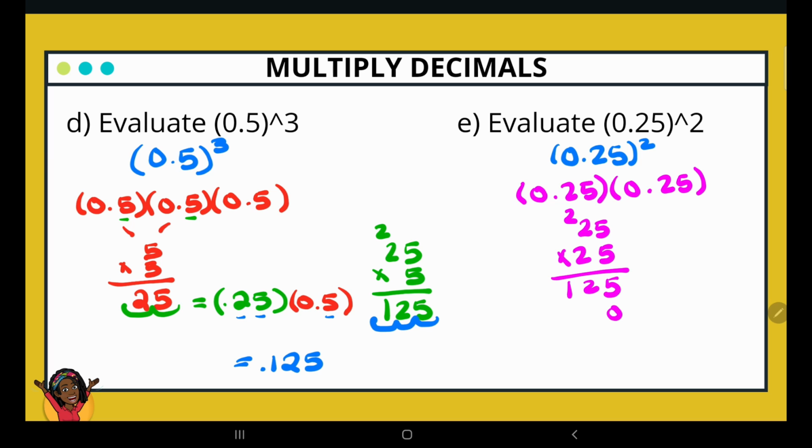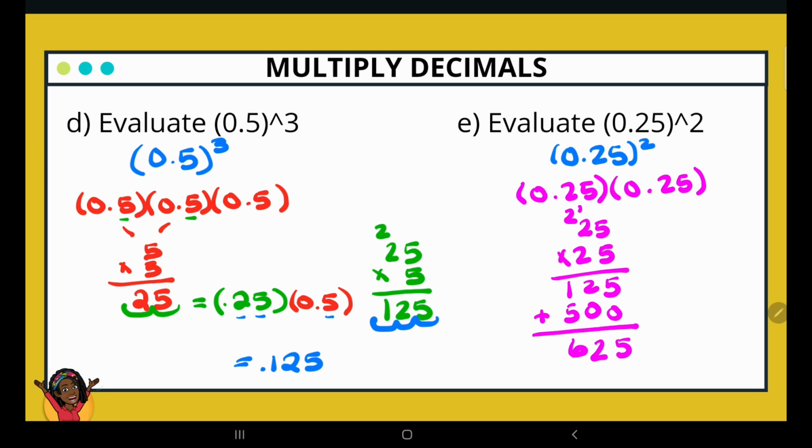Put in my placeholder. 2 times 5 is 10, so that gives me a 0 here, and I carry the 1. 2 times 2 is 4, plus 1 is 5. And I add those numbers. 5 plus 0 is 5. 2 plus 0 is 2. 1 plus 5 is 6. So the product of 25 times 25 is 625.